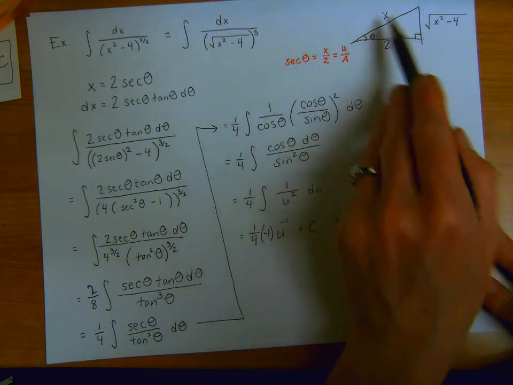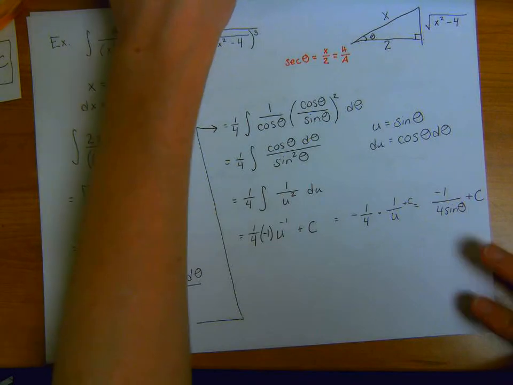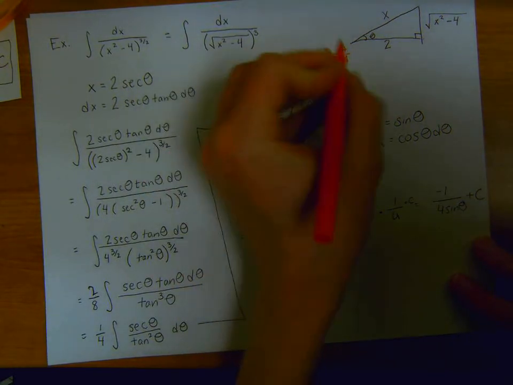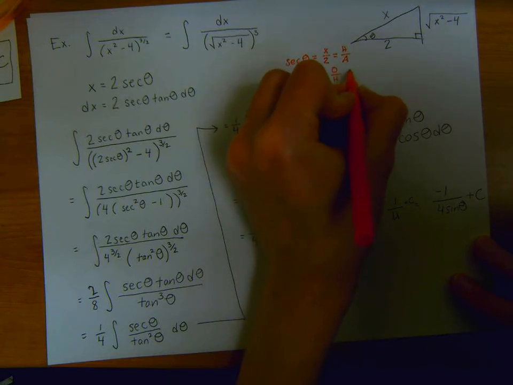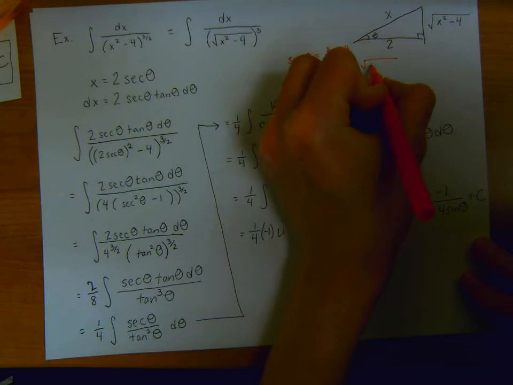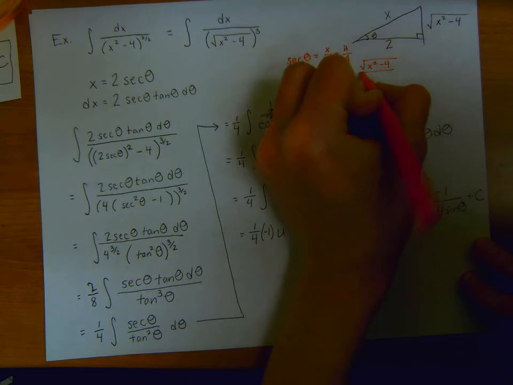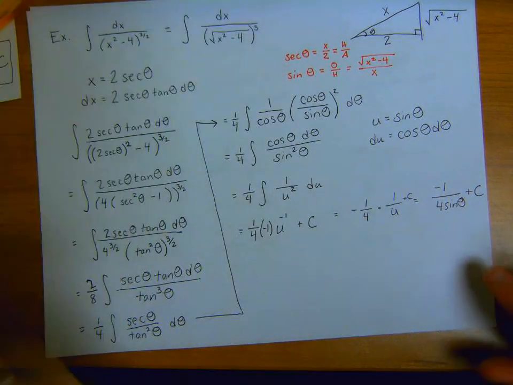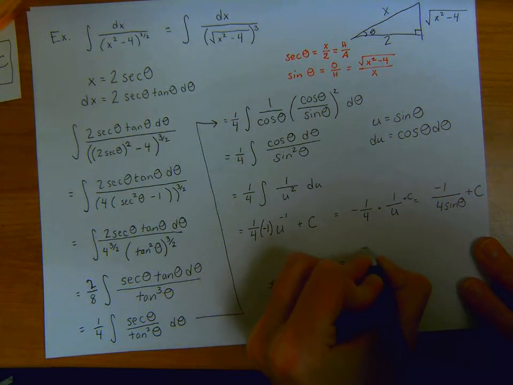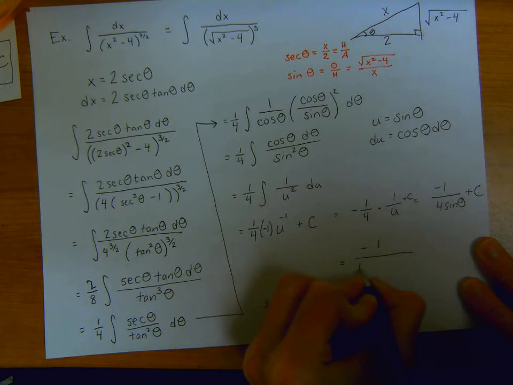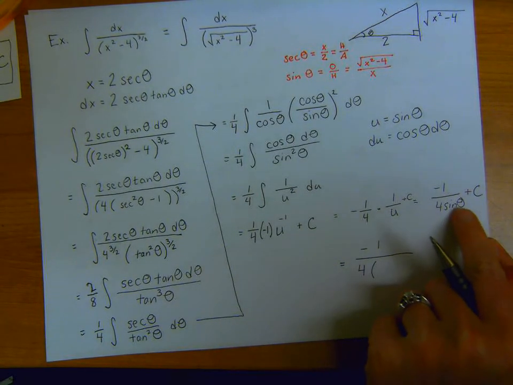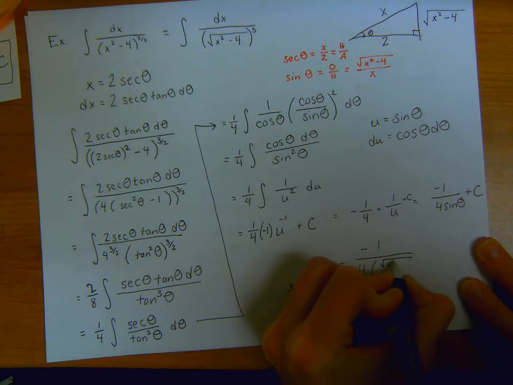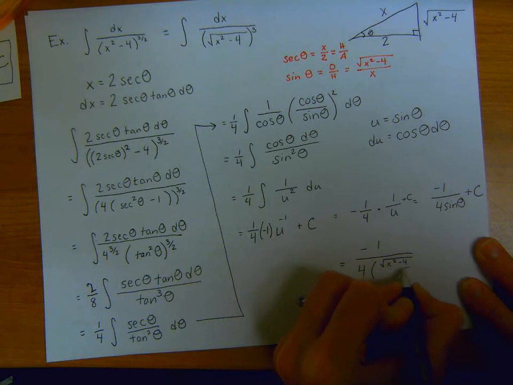And if that's what this triangle looks like, I can use that information to find out what sine needs to be. Sine of theta is opposite over hypotenuse. So in this case, that's going to be the square root of x squared minus 4 divided by the hypotenuse x. Plugging that back into my integral value, I see that my final integral value is negative 1 divided by 4 times the sine of theta, which is the square root of x squared minus 4 divided by x.